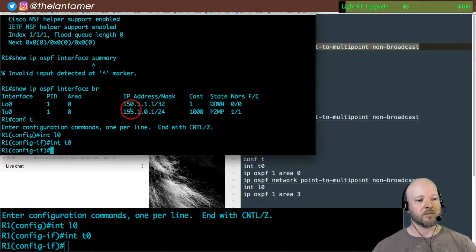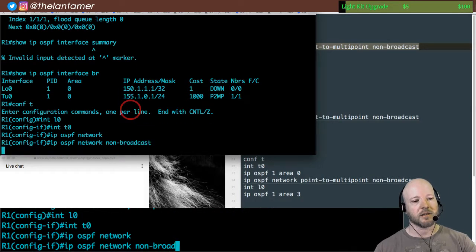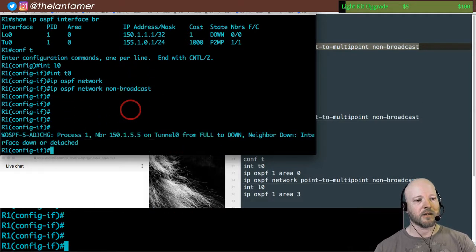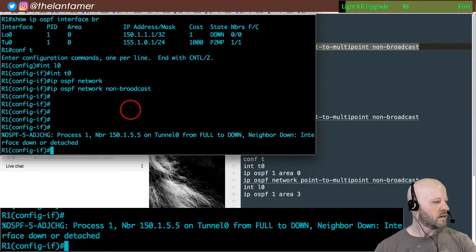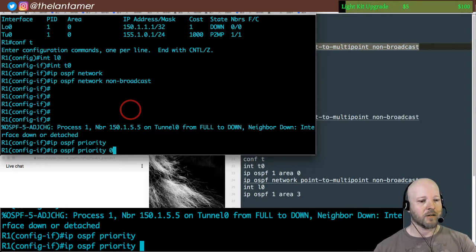All right, so basically it's saying IP OSPF network non-broadcast is what it should say. And then we need the priority command, right? IP OSPF priority 0.